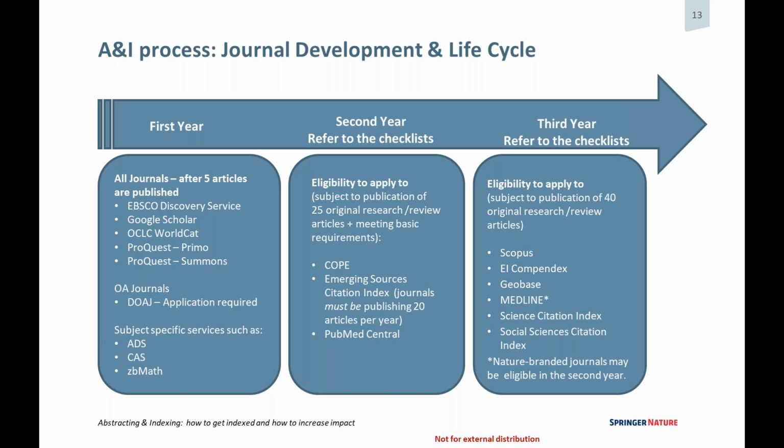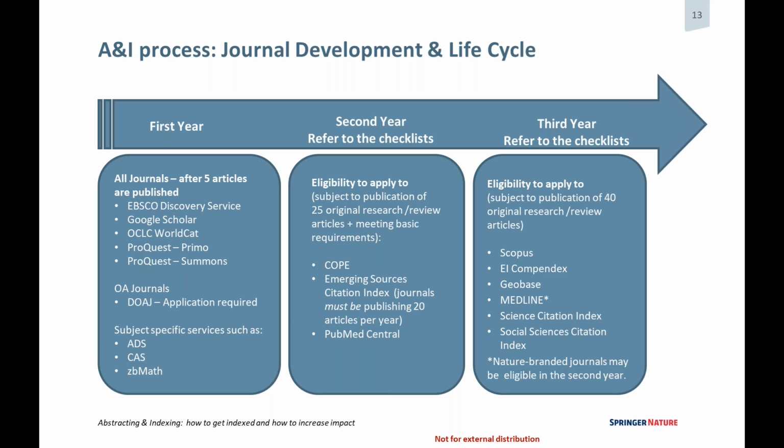DOAJ is a database which is considered very important for open access content. All our content also goes, of course, they have a selection process, so it doesn't automatically get included in DOAJ. We have to apply for our journals and they have to go through the evaluation process and get selected.